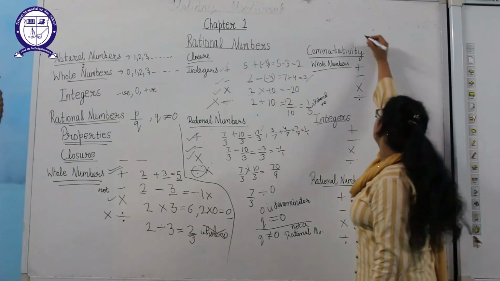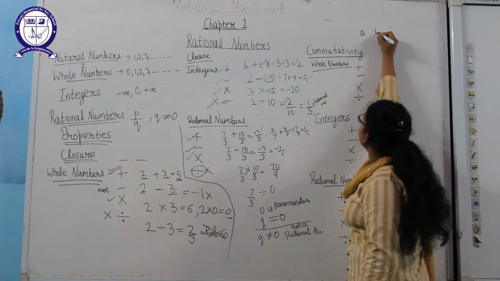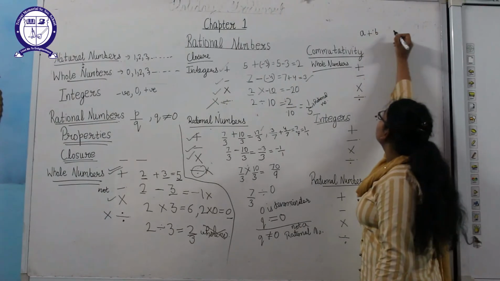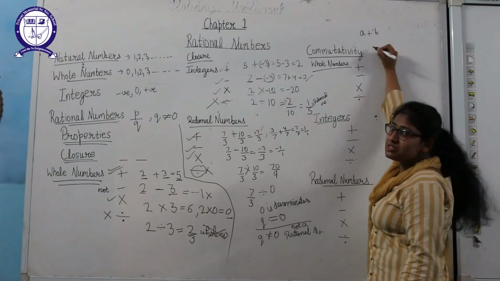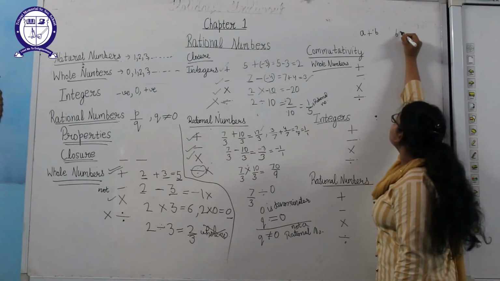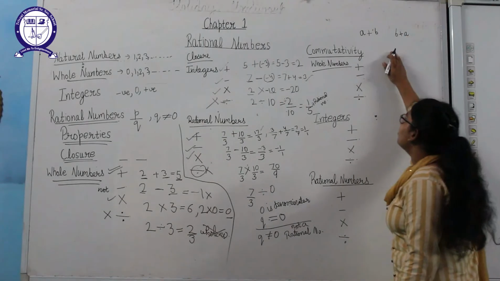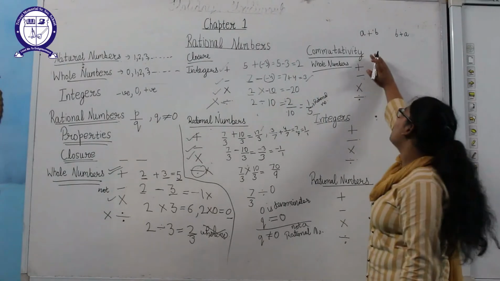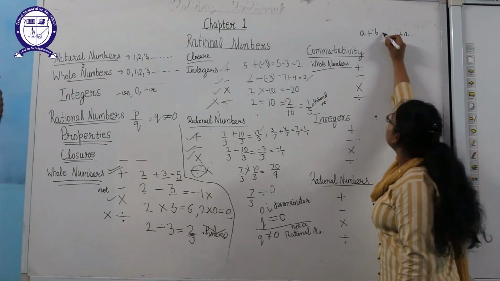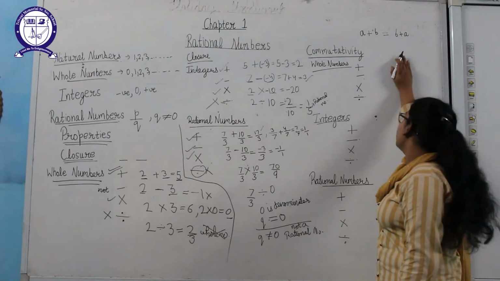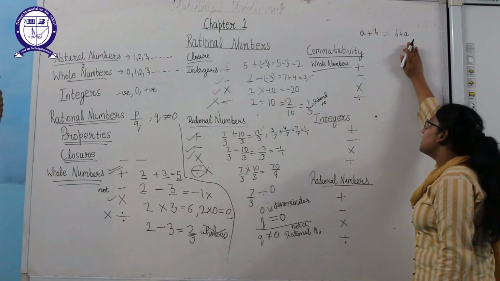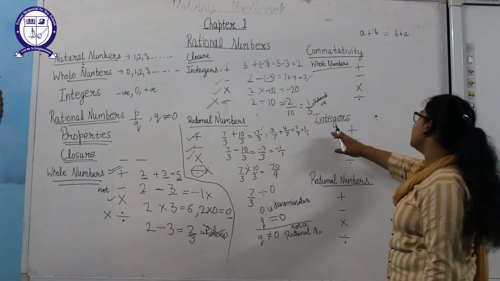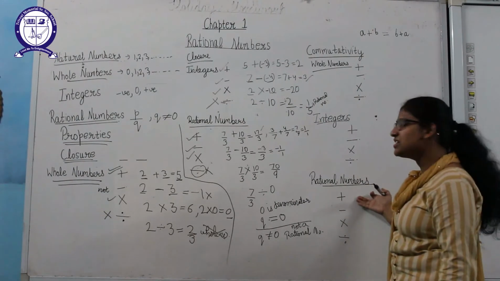Suppose we are taking A and B. If we are talking about the operation plus, means A plus B, if we shift their places, we will write it as B plus A. So any number under any operation is commutative if A plus B is equal to B plus A, whether it is whole numbers, integers, or rational numbers.